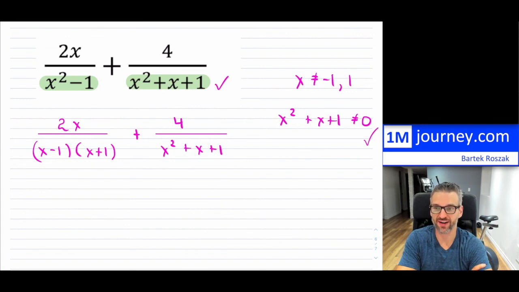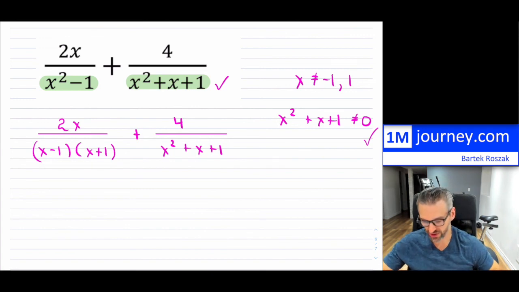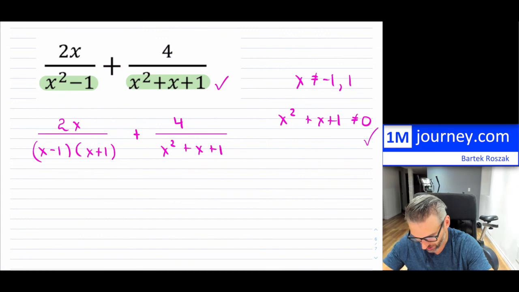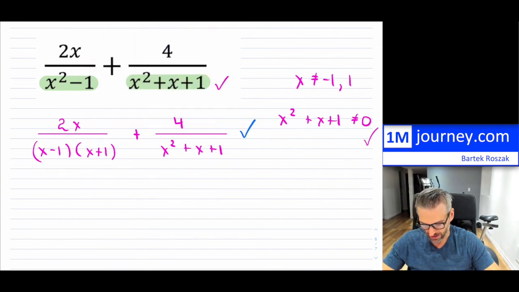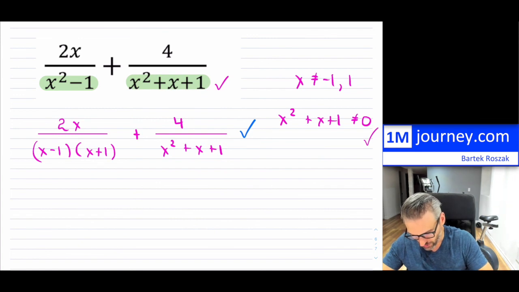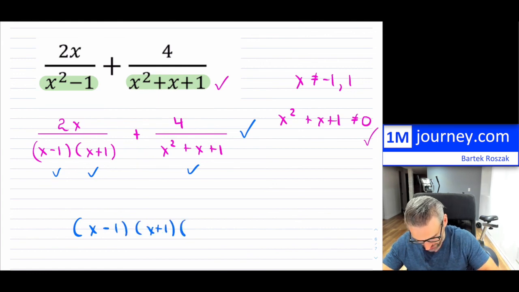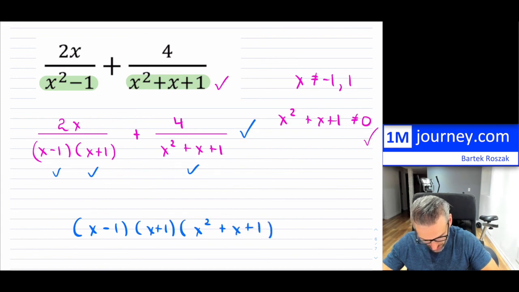So I can't even factor this in any way, which is going to be a problem for us now because this is not going to be very pretty at all. So if we want to add this together, these are going to be my three factors: x minus 1, x plus 1, and x squared plus x plus 1. That's going to be my lowest common denominator here, which is not a very pretty one.